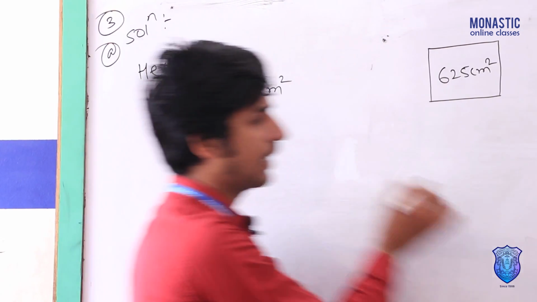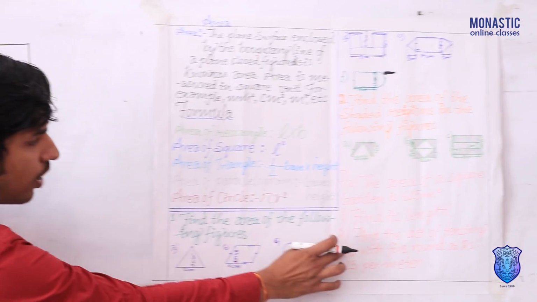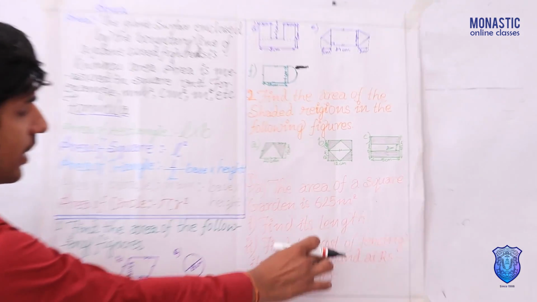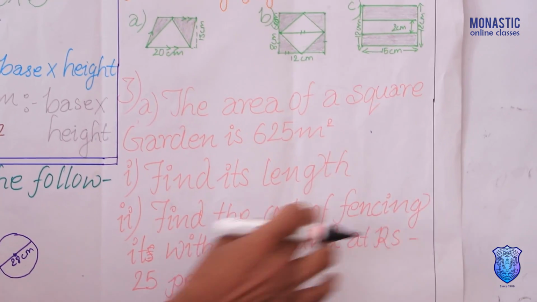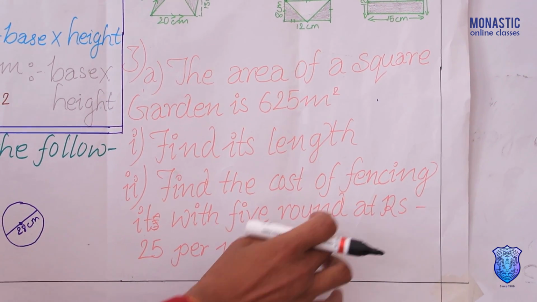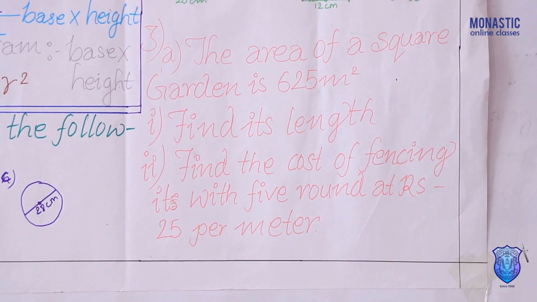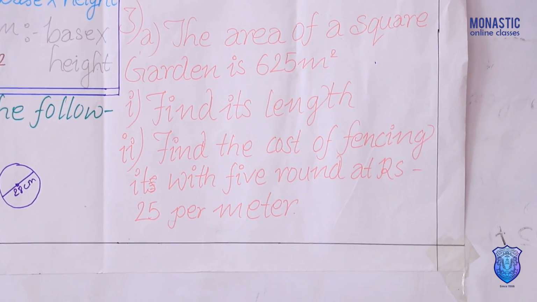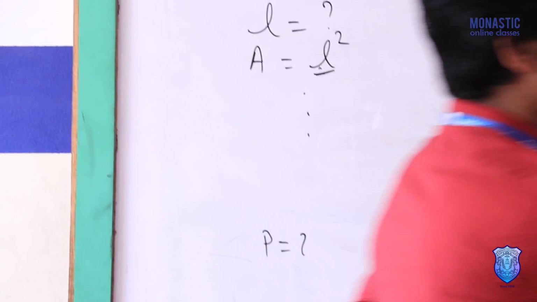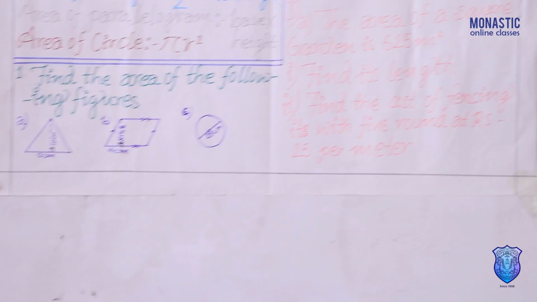After finding the length, number 2, we are asked to find the cost of fencing, worth 5 per meter for 5 rounds. Since it is per meter, you have to find the perimeter.